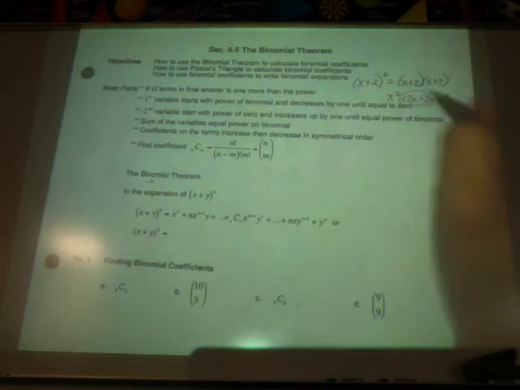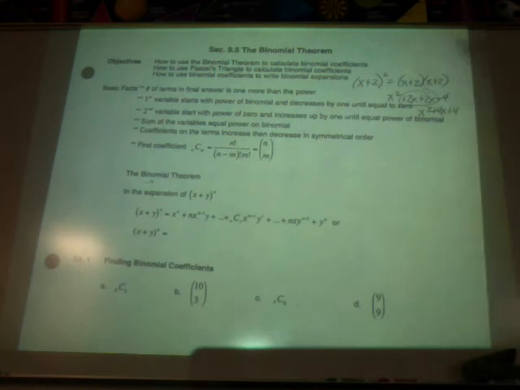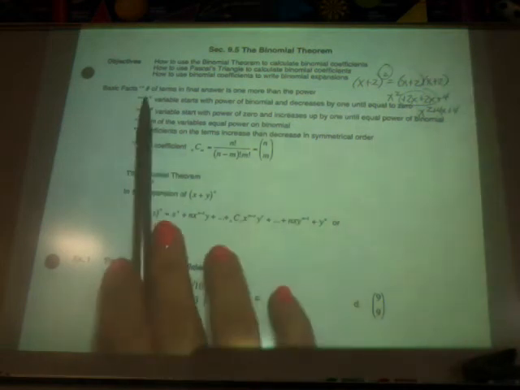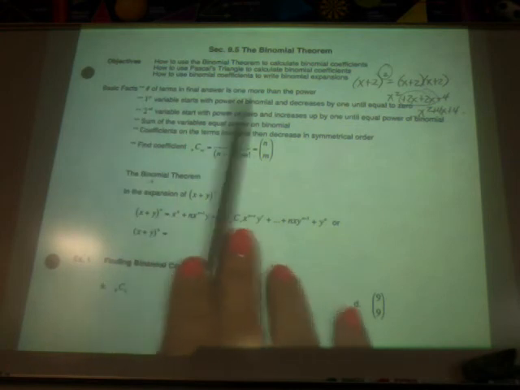But those two combine, don't they? And you end up with x squared plus 4x plus 4. So I started with a power that's squared, and I ended up with 3 terms, 1 term more than what my power was. That's what that's saying. The number of terms in that final answer is 1 more than the power.